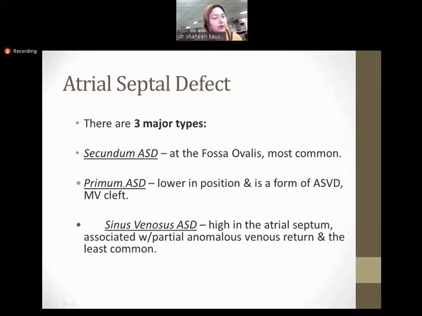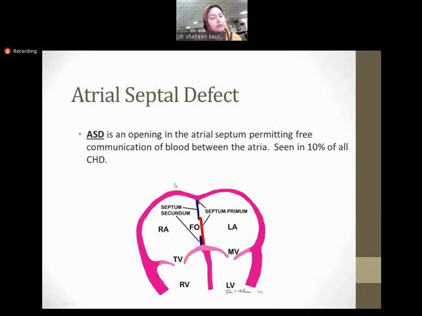It could be the primum, lower in position, in the form of atrioventricular septal defect and mitral valve cleft. It could be sinus venosus, which is the least common. The most common defect is the septum secundum, which leads to atrial septal defect.